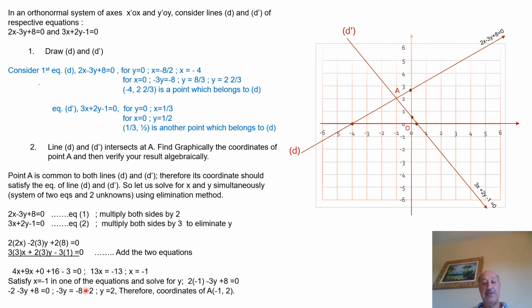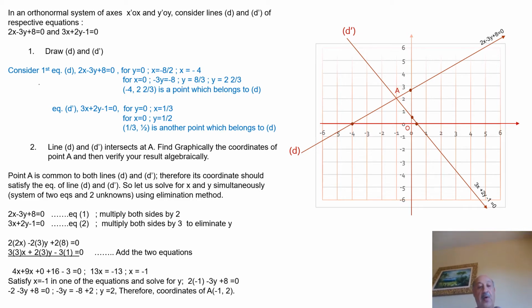If we do this, we get y equals 2. Therefore, the coordinates of A are minus 1 and 2, exactly as we have plotted it graphically. So minus 1 is the abscissa and 2 is the ordinate. And this is point A.